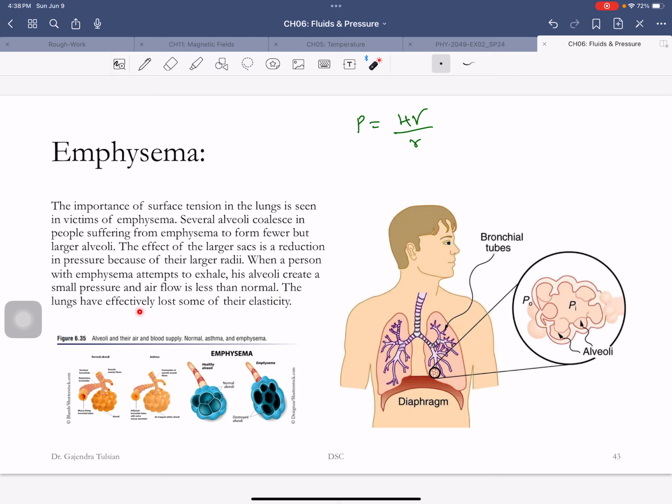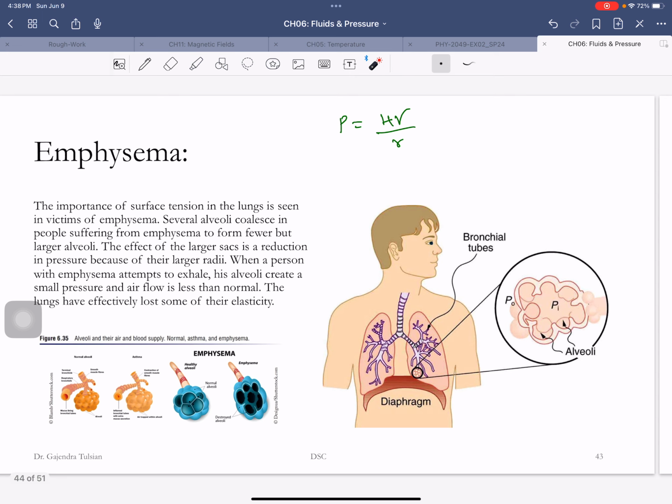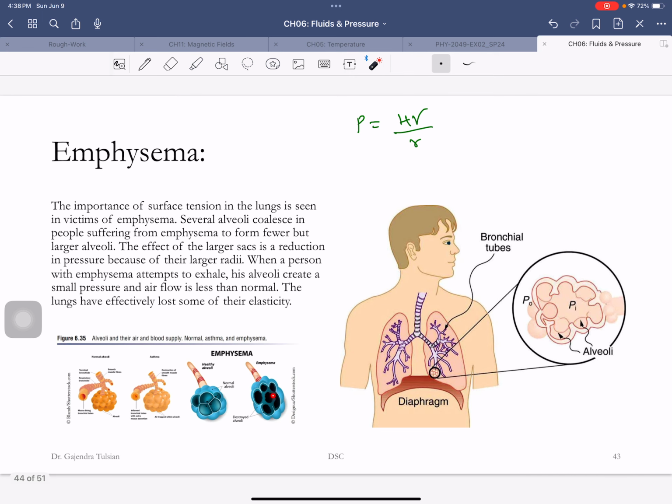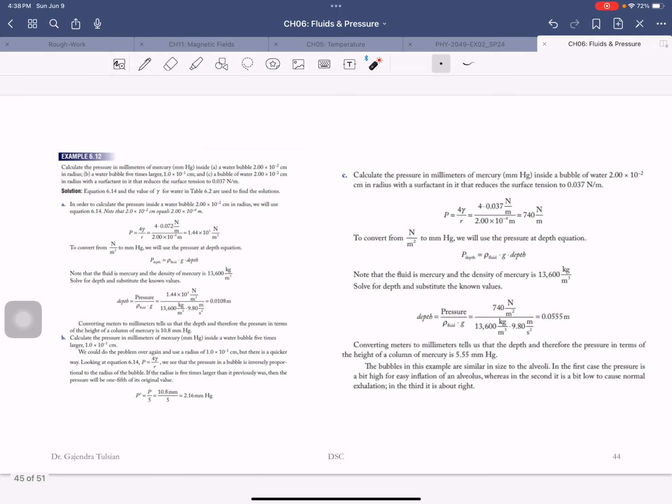The lungs have effectively lost some of their elasticity. Okay, so that's what's happened. And in addition, from a larger sac, it's harder to exchange gases, so it's a double whammy. You can't expel air, and you're not efficiently exchanging air as well.